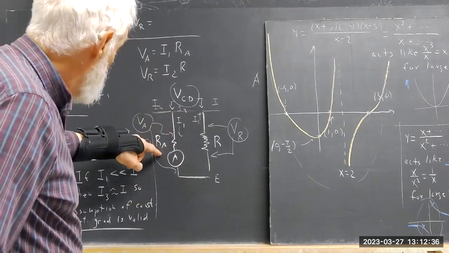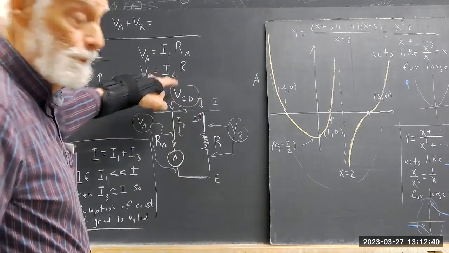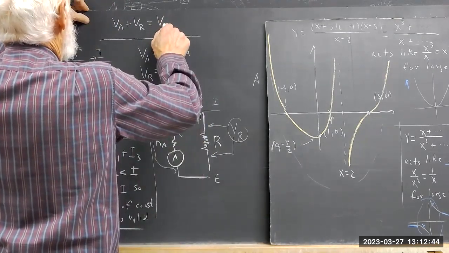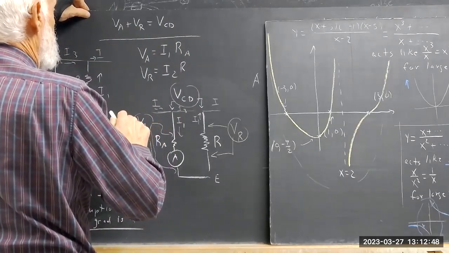The potential change here is this, and the potential change here is this. So the voltage C to D is the voltage across A plus the voltage across R.